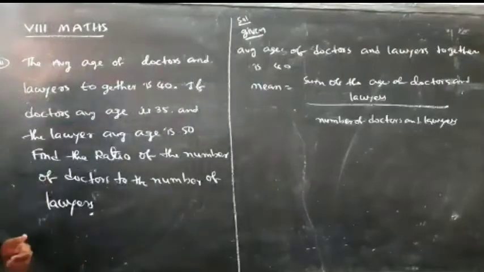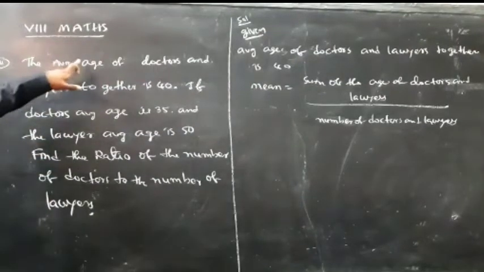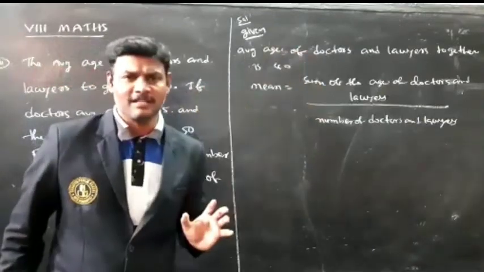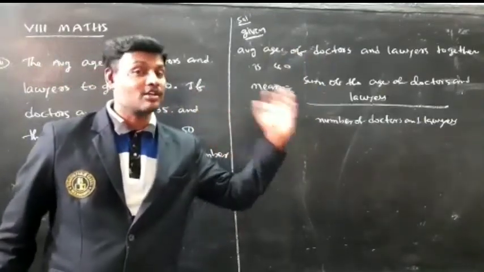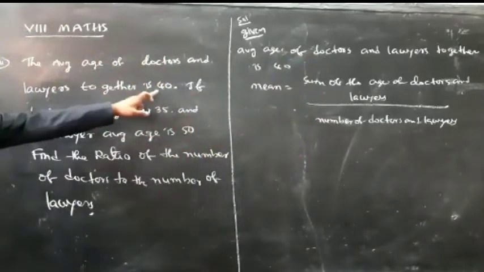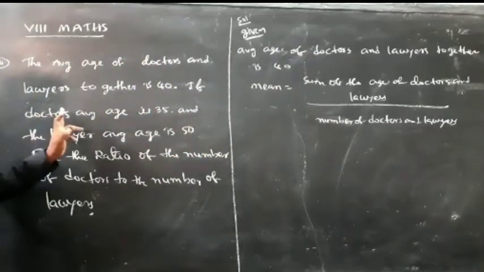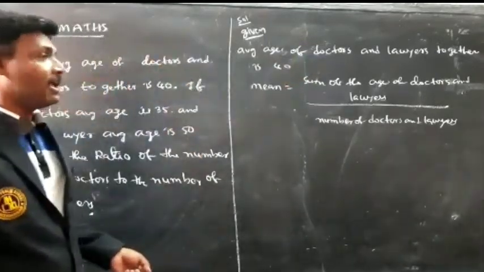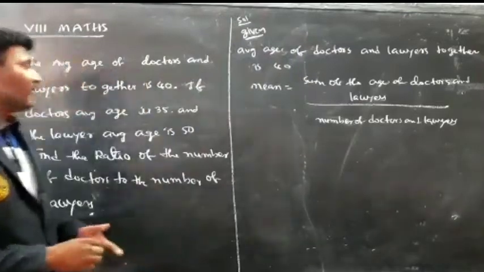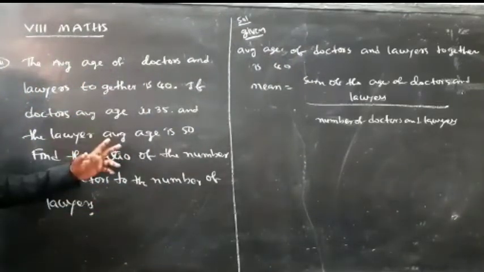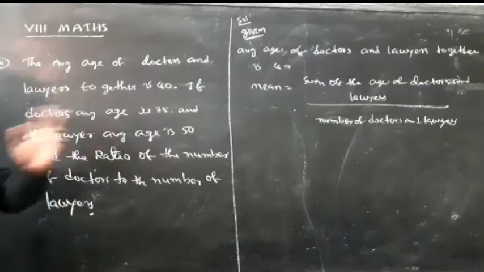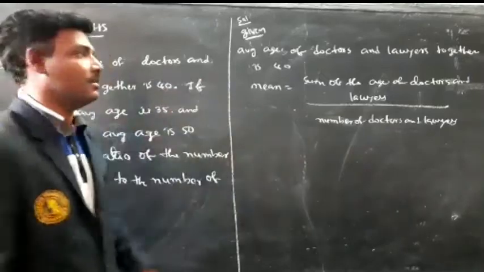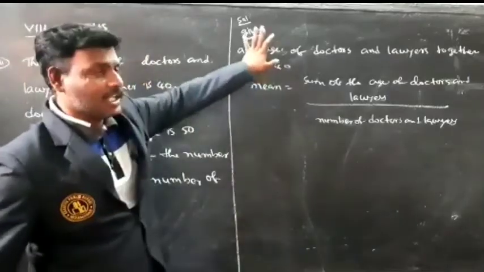Here, from exercise 11, the question: the average age of doctors and lawyers. Some doctors are there and also some lawyers. The average age of the doctors and lawyers together is 40. All doctors' average age is 35, and all lawyers' average age is 50. Find the ratio of the number of doctors to the number of lawyers. It means I don't know how many doctors and how many lawyers there are. In the solution, what is given here?